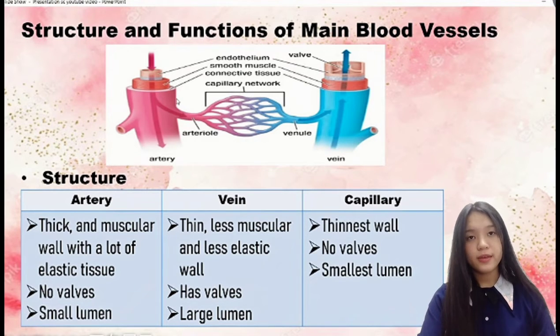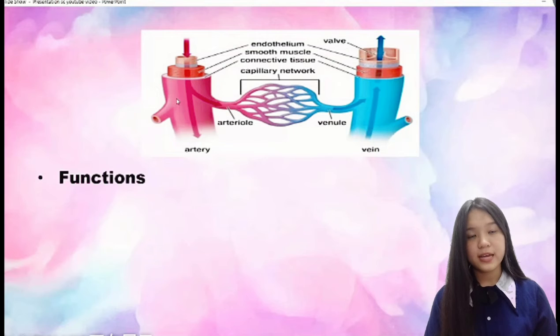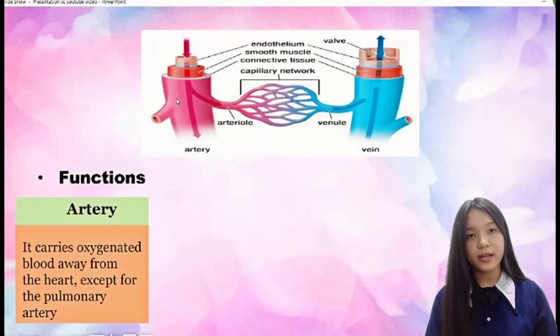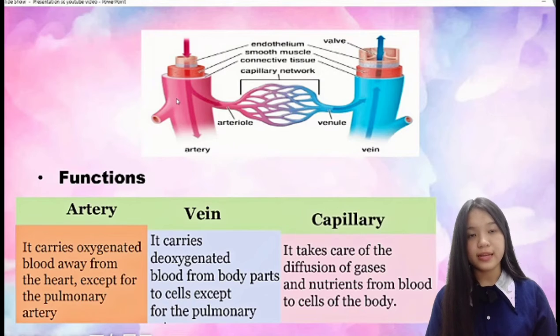It doesn't have valves and has the smallest lumen. Okay, let's see the function of them. First, the artery carries oxygenated blood away from the heart except for the pulmonary artery. Next, the vein plays an important role in carrying deoxygenated blood from the body parts to the heart except for the pulmonary vein. Last, capillaries take care of the diffusion of gases and nutrients from the blood to cells of the body.